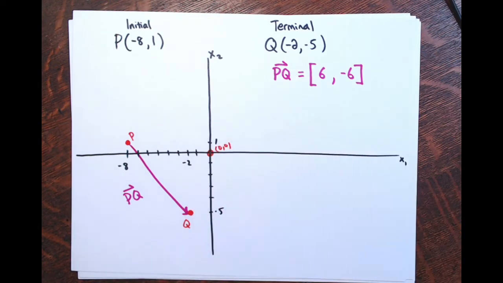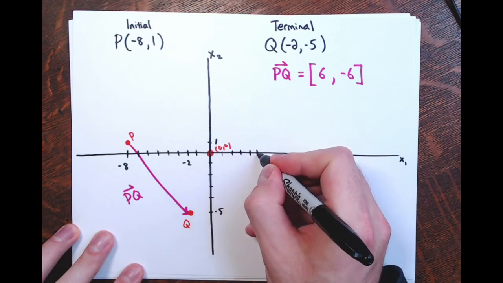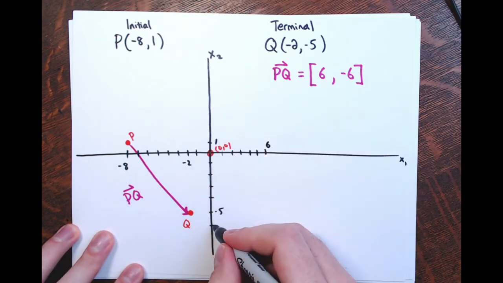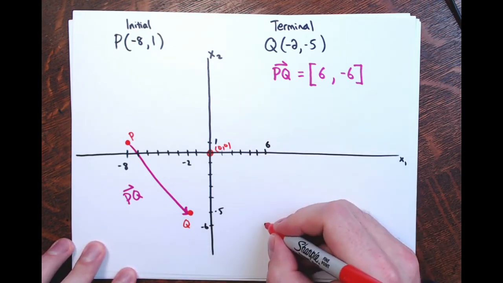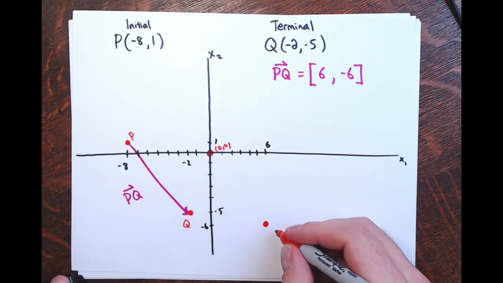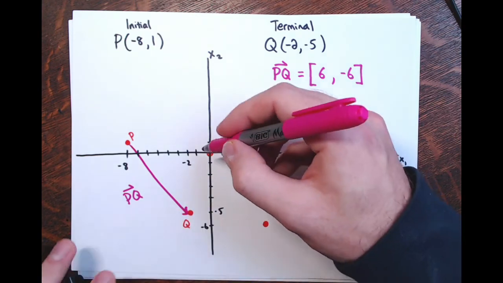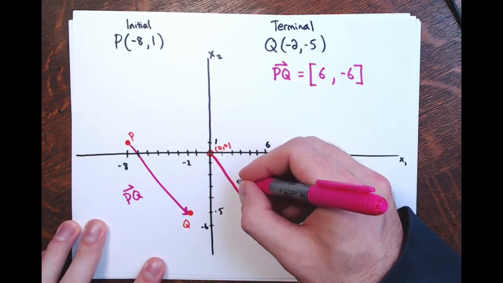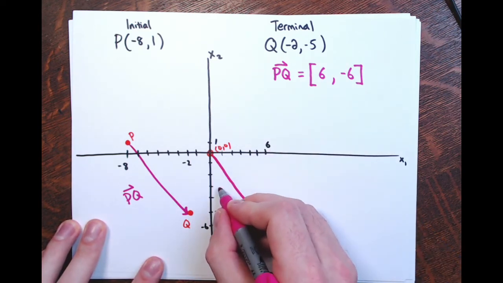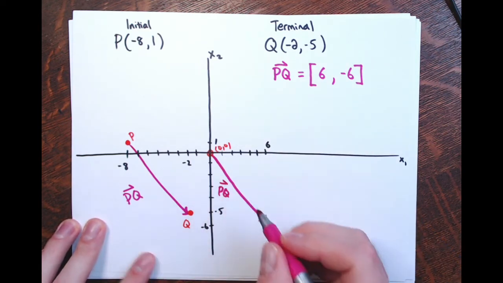I'll draw this vector in standard position. So 1, 2, 3, 4, 5, 6 units right, and then 6 units down. Here's the terminal point. Now again, this is by hand, so this is not beautiful, but it gets the job done. Here's the vector PQ again, just drawn in some other place.